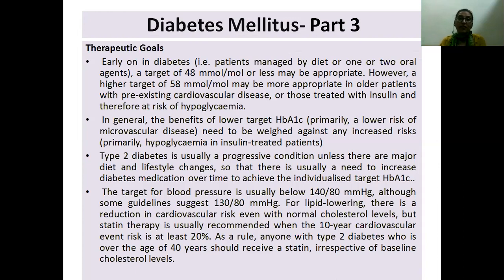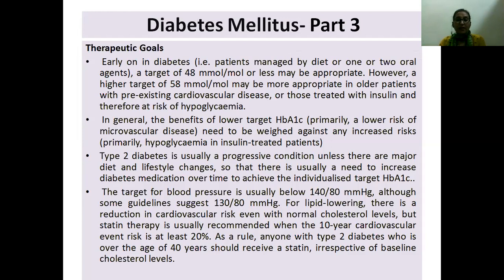In general, the benefits of the lower target HbA1c need to be weighed against the increased risk of hypoglycemia in insulin-treated patients. Type 2 diabetes is usually a progressive condition.